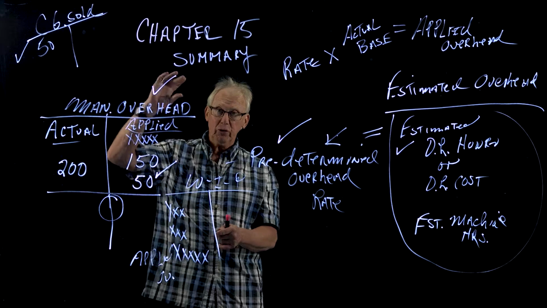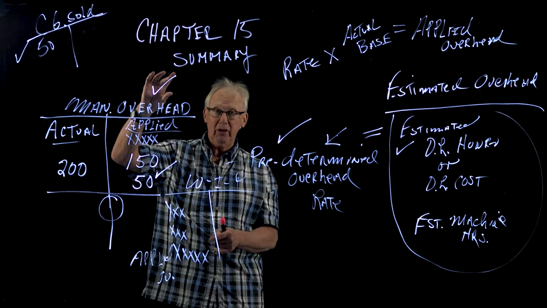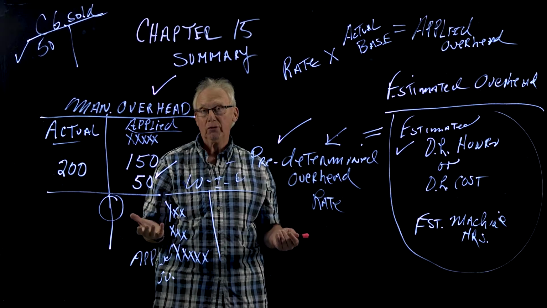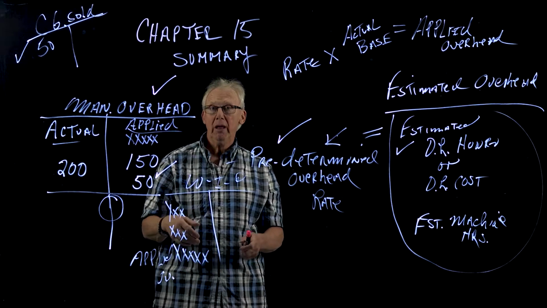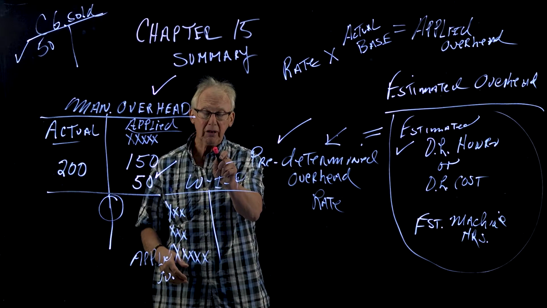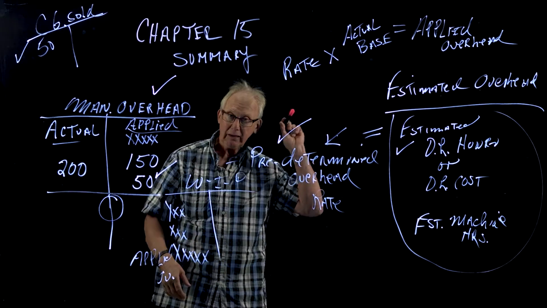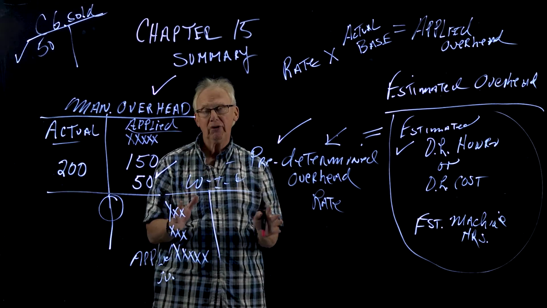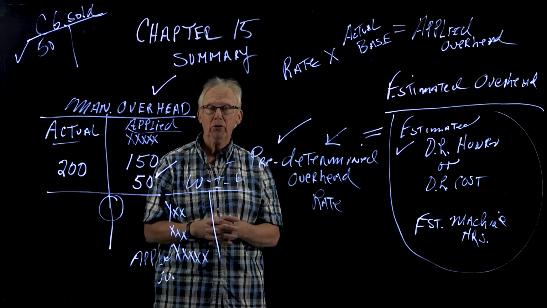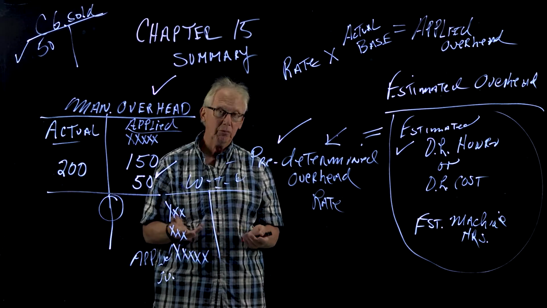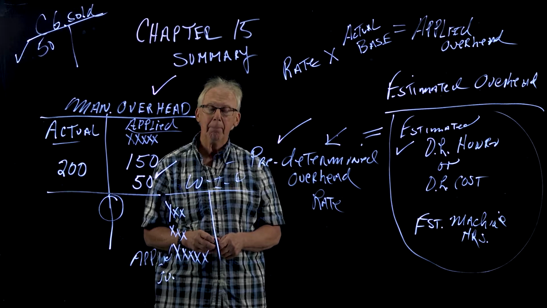And of course, usually you're going to have some beginning work in process and some ending work in process. So what's the cost of goods manufactured? It's the amount that gets credited to work in process at the end of the period and gets debited to finished goods. Now, if you know these concepts and you do the multiple choice questions, I'd say at least 3 times, you should be good to go for the exam.